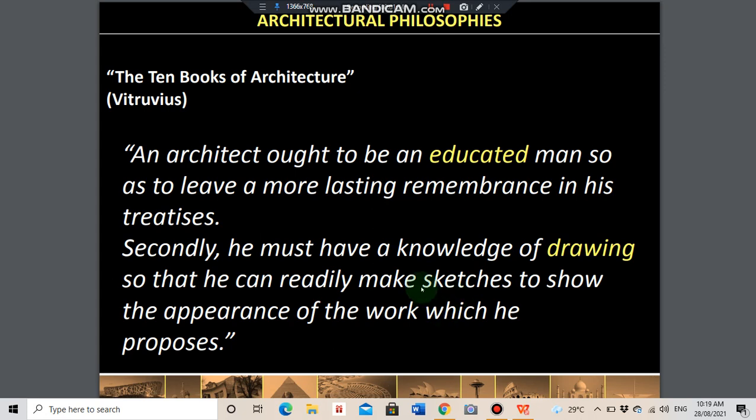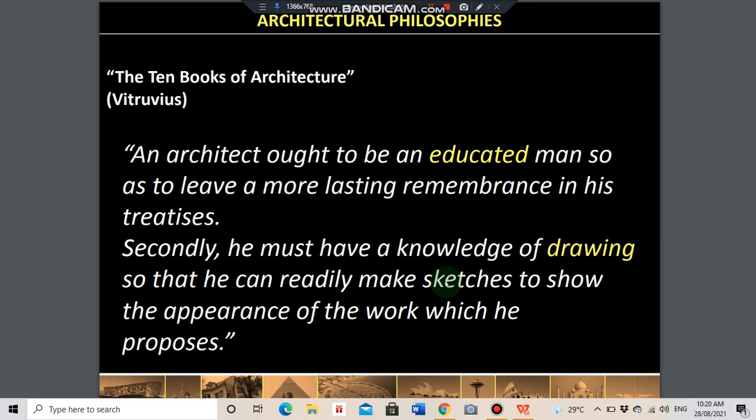Secondly, he must have knowledge of drawing so that he can readily make sketches to show the appearance of the work which he proposes. So, dapat yung arkitekto hindi nagre-rely lang sa computer na meron ng mga naka-save na design or details dun sa library, tapos i-copy paste.